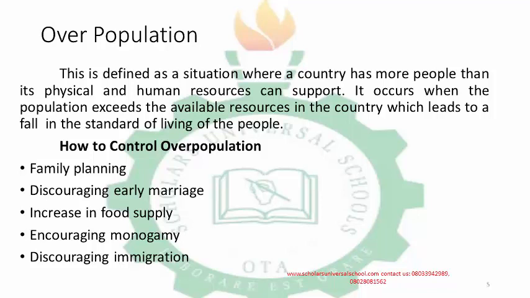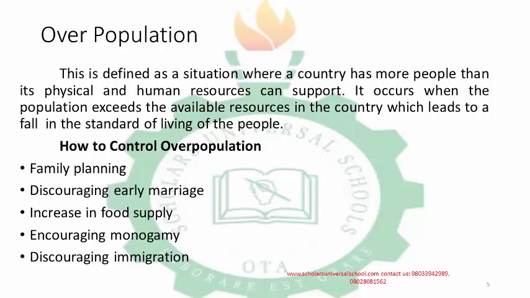So to reduce the population of a country, we have to look for a way to discourage early marriage. We don't encourage the young ones to marry early. We advise them to stay longer into their 30s before they get married, so that they will not have to give birth to so many children.